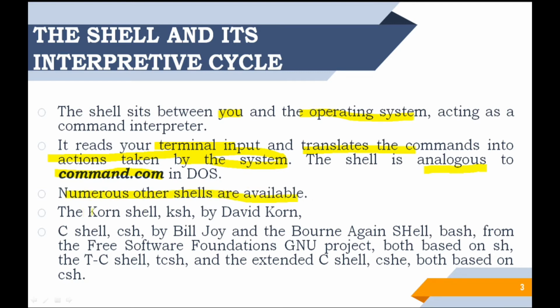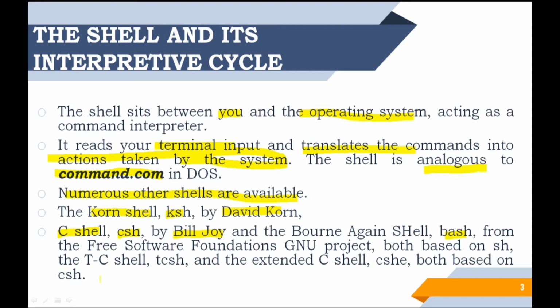The first one is the Korn shell, written as ksh, developed by David Korn. Then the C shell, csh, developed by Bill Joy. Then Bash, the Bourne Again shell, implemented by the Free Software Foundation's GNU project.